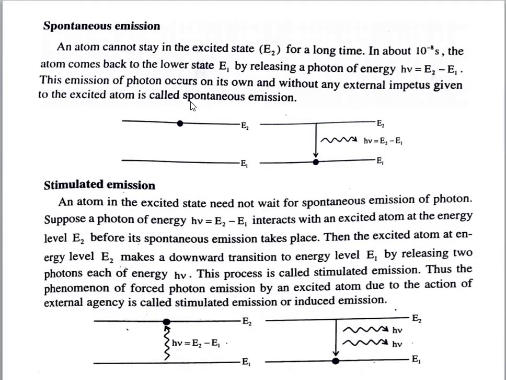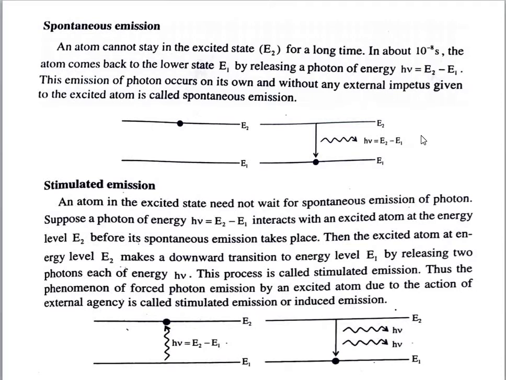Here the atom is in the excited state. Suppose there is an electron in the excited state. We know that the excited state is not a stable state. So in order to acquire more stability, or in order to lower its energy, the electron comes down to the ground state. As a result of this, the extra energy h nu, exactly equal to E2 minus E1, is emitted, and this process is known as spontaneous emission.